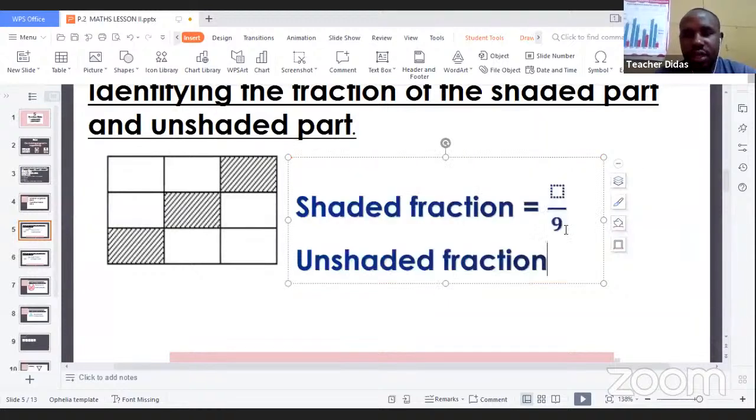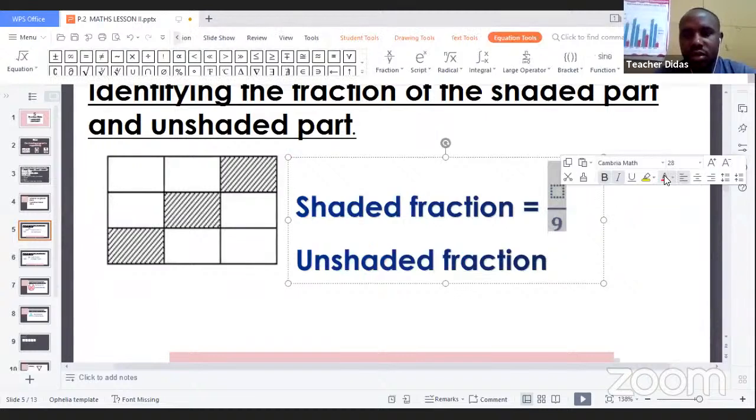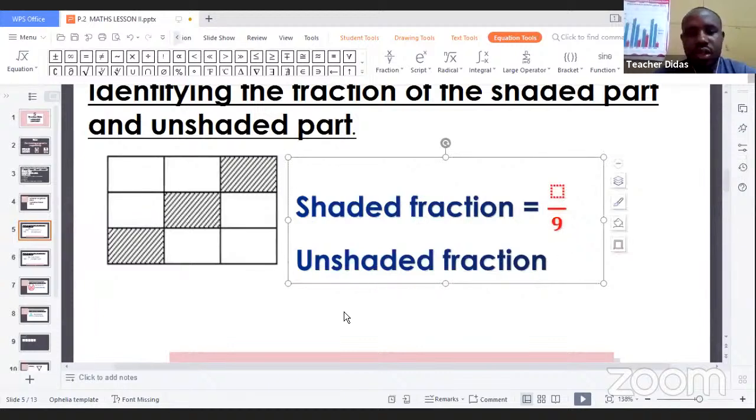Altogether, so that's what we are going to put up there. So we can therefore say that the fraction which is down, or the total parts, are 9. Then how about the ones? We are going to count the shaded part and put it up here. The shaded part is 1, 2, and 3.